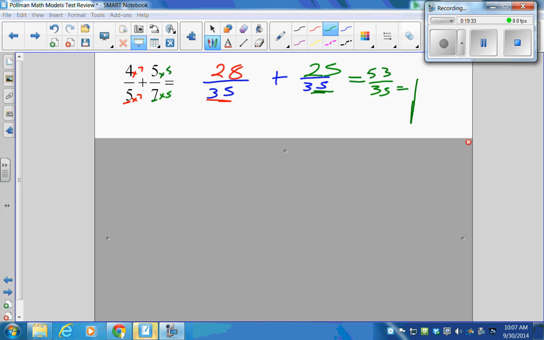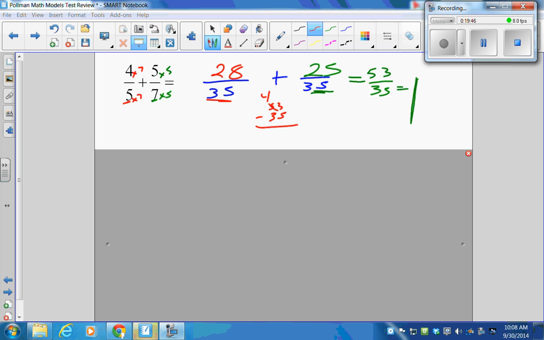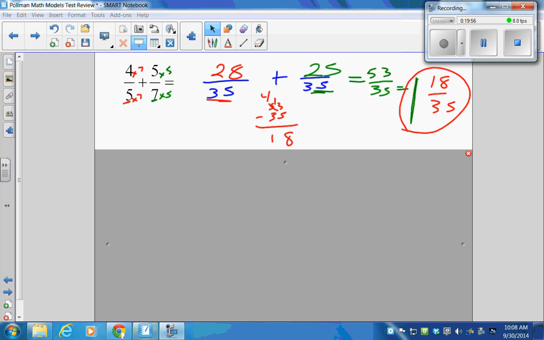It went in 1 time, and now you have to figure out what your remainder was. When I do 53 minus 35, and I do my borrowing, that means 13 minus 5 is 8. That means my remainder is 18 35ths. And I cannot reduce that. That is done. This fraction looks like an absolute pain, but I chose this one for a reason, and I hope that helps.